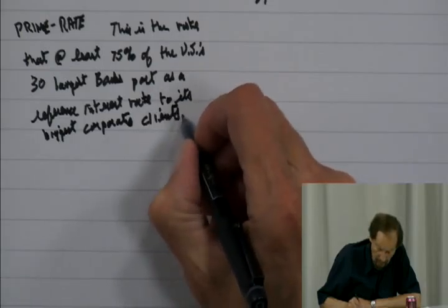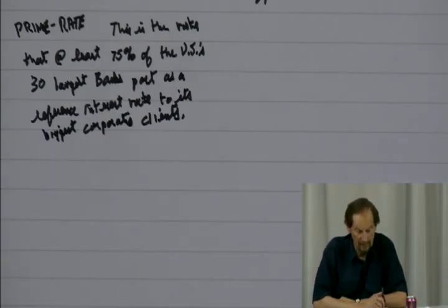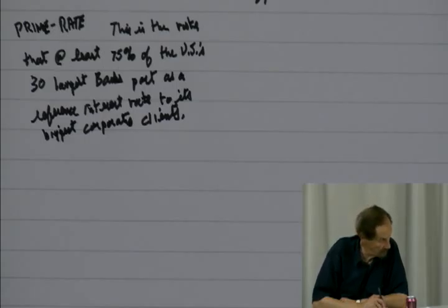In other words, the blue chip clients here. Interestingly enough, 75% of the 30 largest banks is what? Is 22.5, so it doesn't come out to be an integer here. Okay.